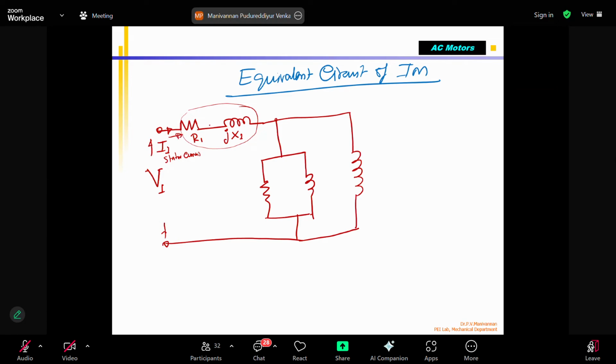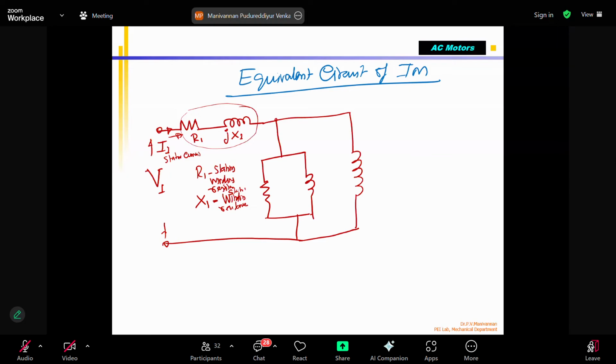So this is the equivalent circuit. R1 is nothing but the stator winding resistance, and X1 is called the stator winding reactance, because of the inductive effect.